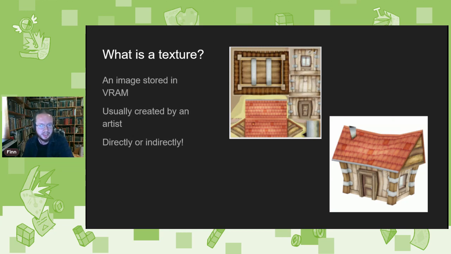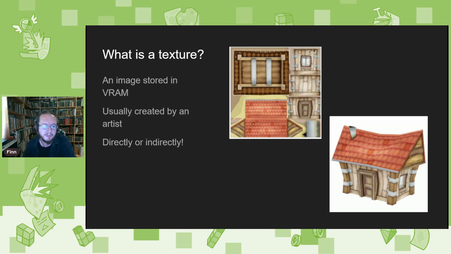In this little example here, thank you Wikipedia for your free to use artwork on the texture mapping page. You can see this little map of a house, and then that's mapped onto a mesh of the house. So textures are usually created by an artist directly by firing up a paint program and painting the texture, or indirectly by baking a high-res mesh onto a low-res mesh or some other process like that.